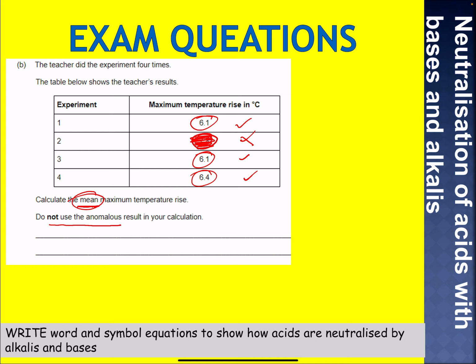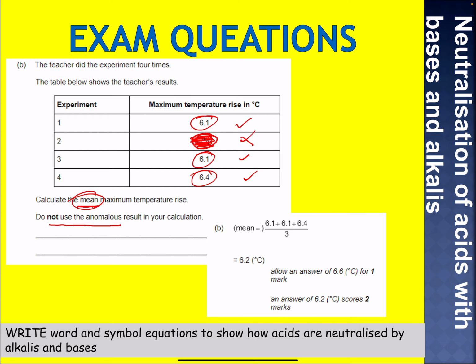So you can pause the video here and have a go. Let's have a look. So 6.1, add 6.1, add 6.4, divided by 3, there's your answer. Okay, moving on.